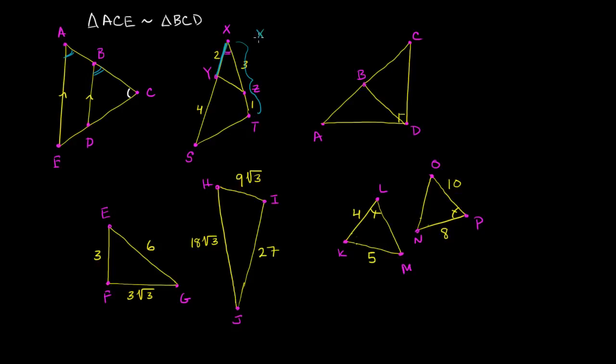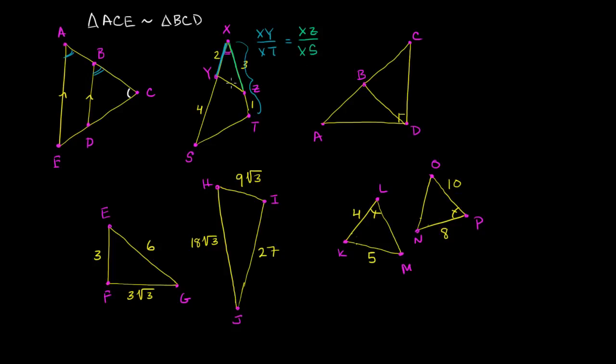We want to see, is XY over XT equal to the ratio of the longer side, or if we're looking relative to this angle, the longer of the two, not necessarily the longest of the triangle, although it looks like that as well, is that equal to the ratio of XZ over the longer of the two sides when you're looking at this angle right here on either side of that angle for the larger triangle, over XS.